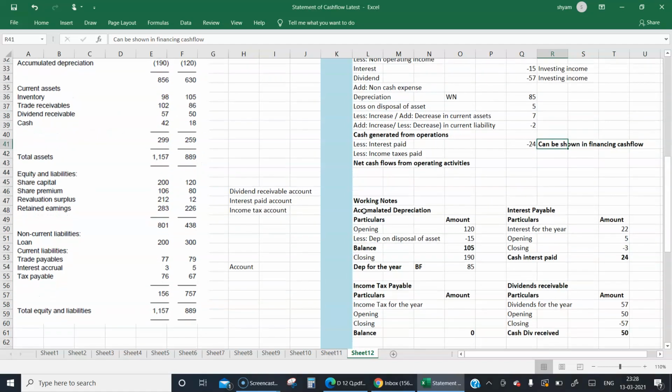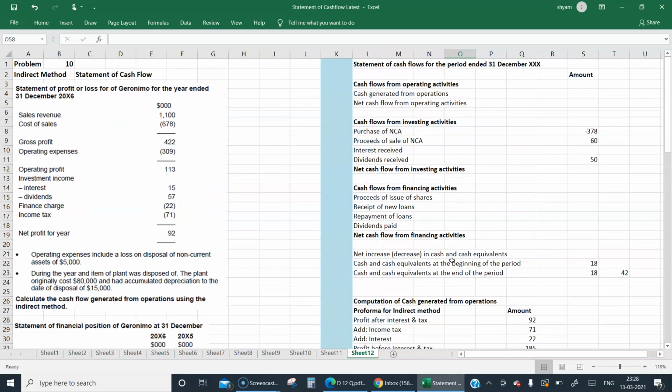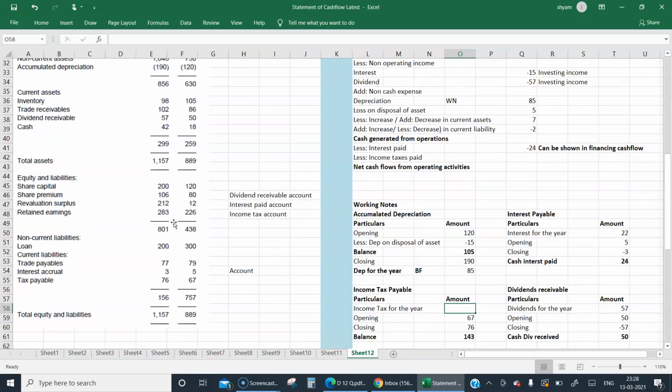So the next number is tax payable. Income tax, last year it was 67, this year it is 76, and the current income tax is 71.